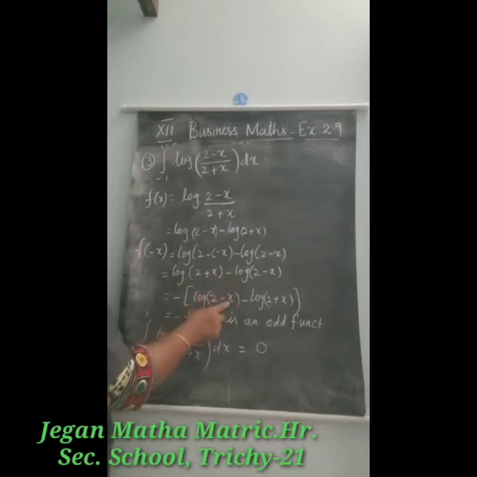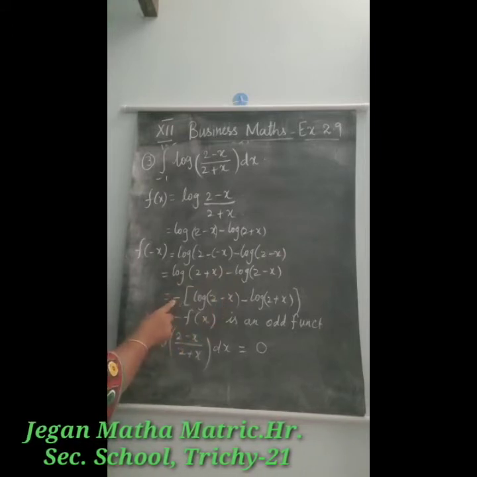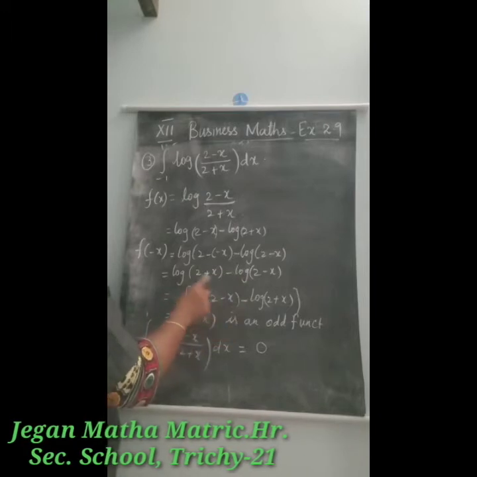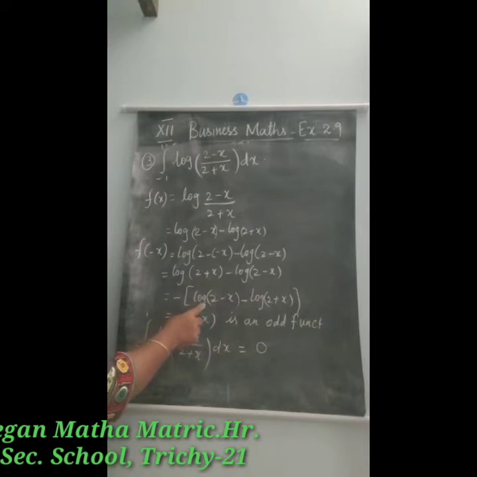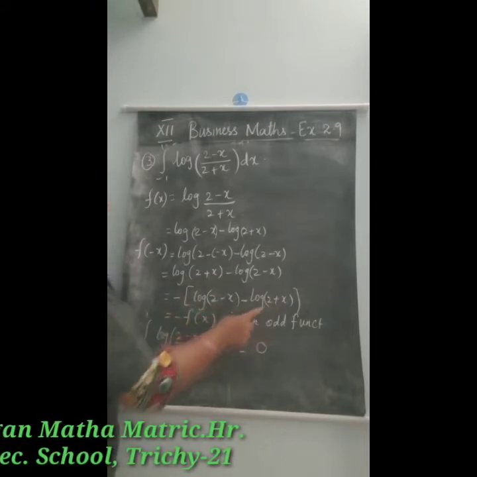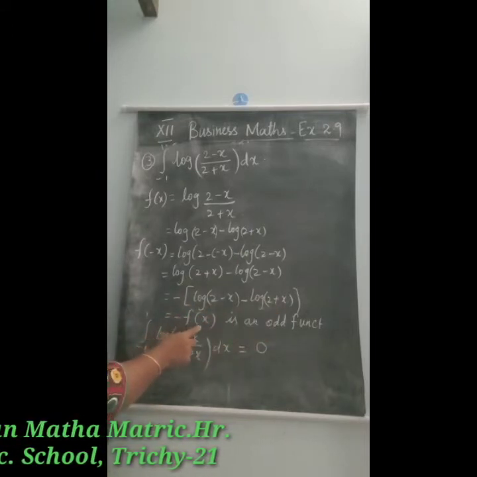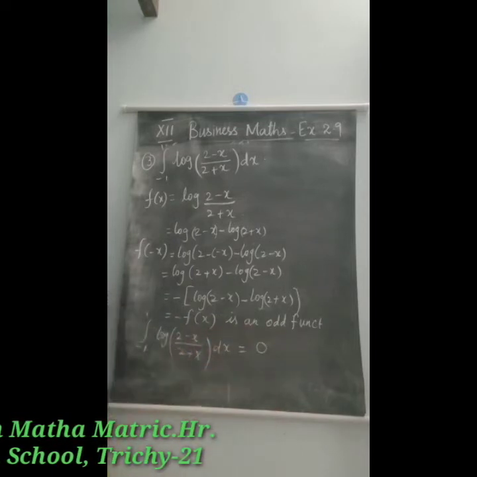So log (2 minus x), because you take out the minus, and minus log (2 plus x). So minus of this term will be considered as f of x. So minus f of x is an odd function.